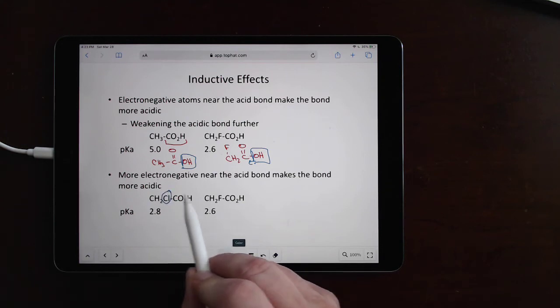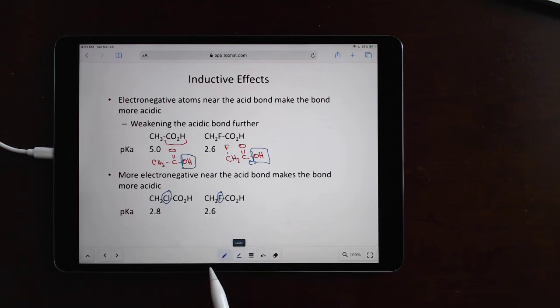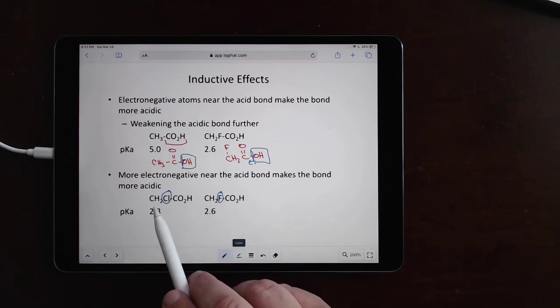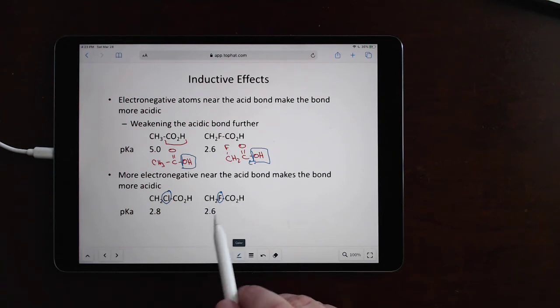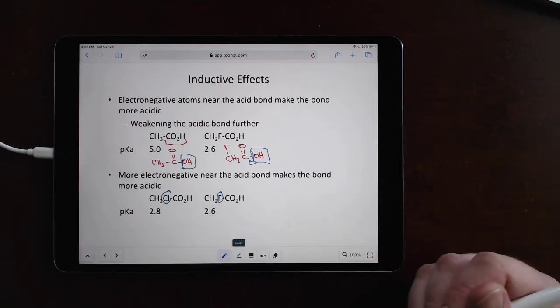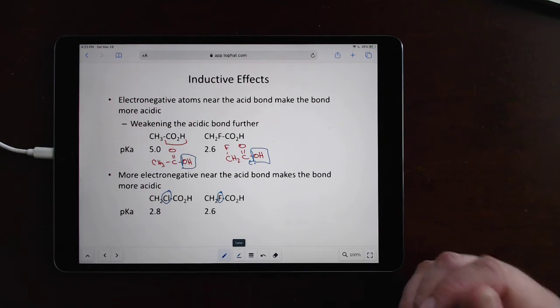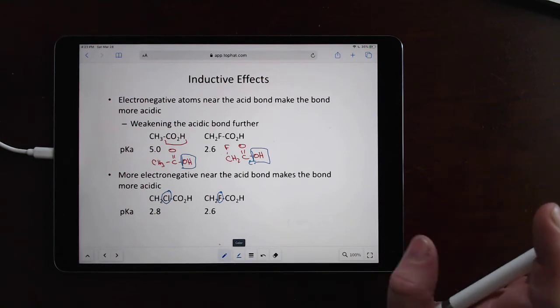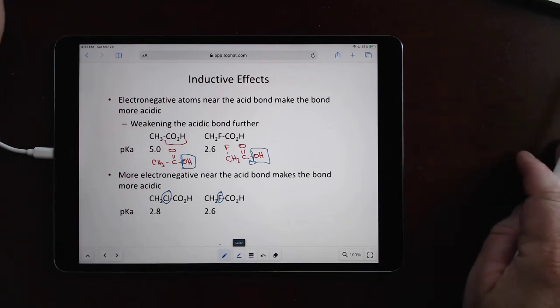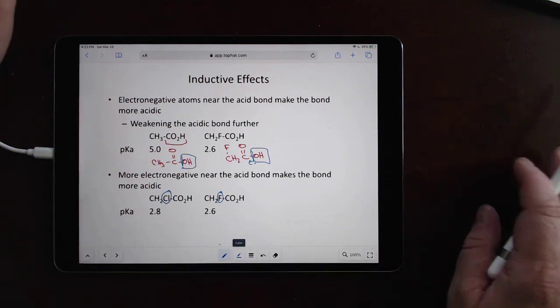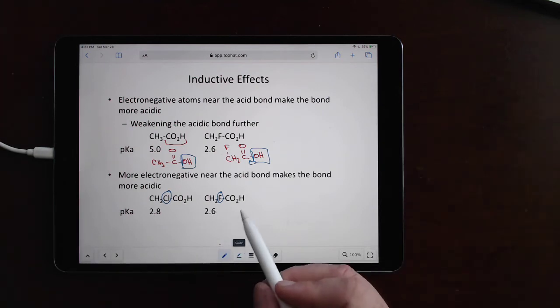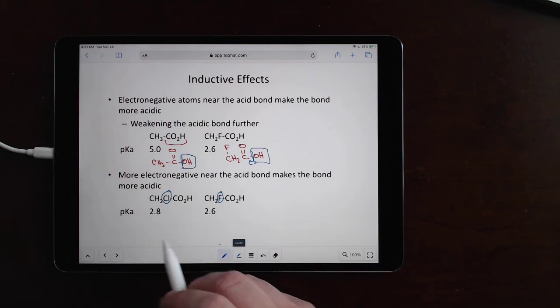So we've got chlorine versus fluorine. The fluorine is more electronegative than chlorine, so this is going to make it more acidic. And you would say, wait, hold on, you just said the closer it is to iodine, the more acidic it is. No, that's just for the first thing: where the hydrogen is. If the hydrogen itself is on an iodine or chlorine versus fluorine, then that molecule is more acidic.